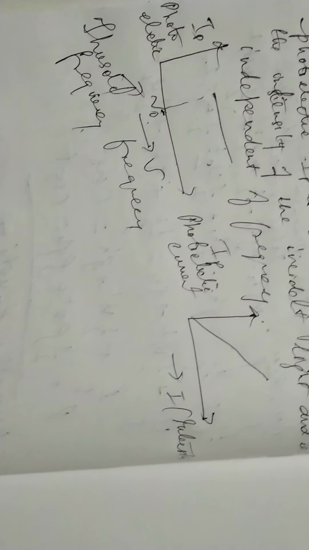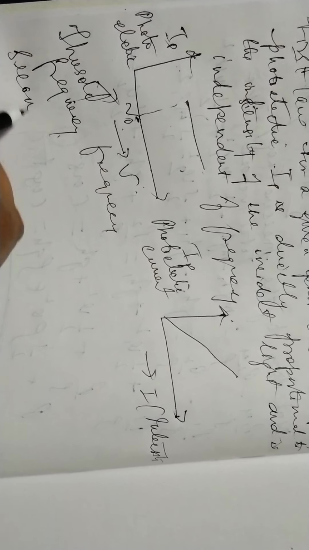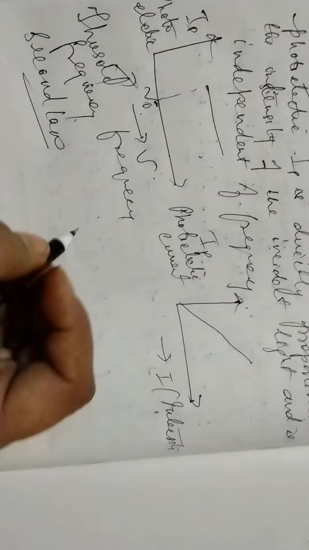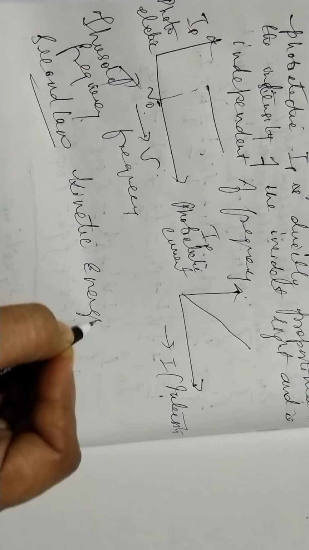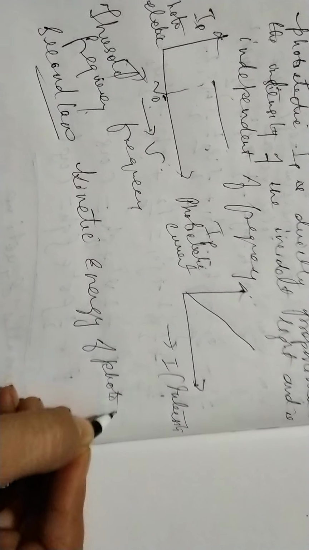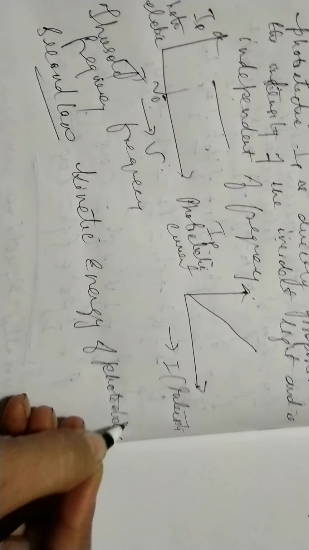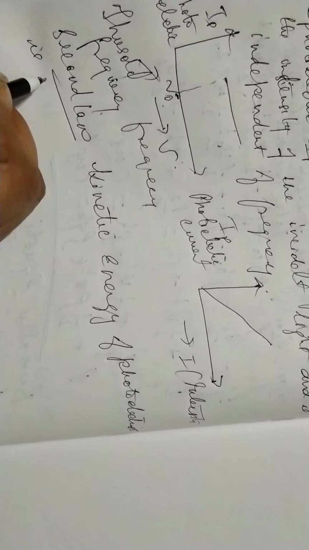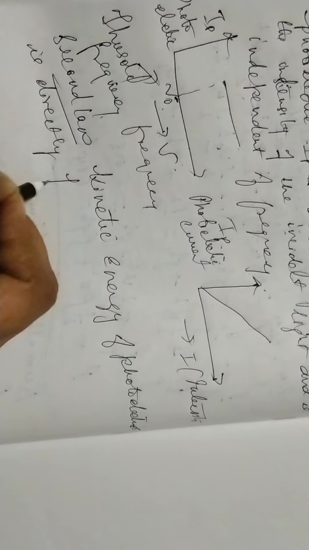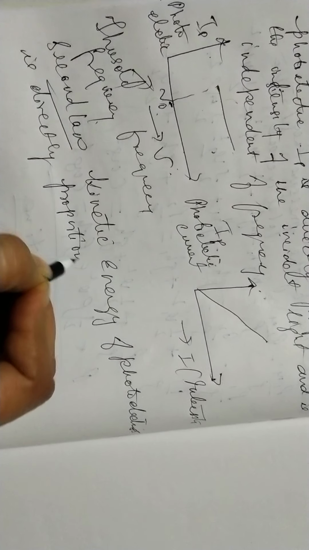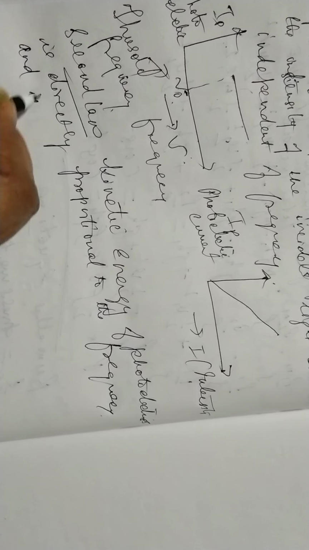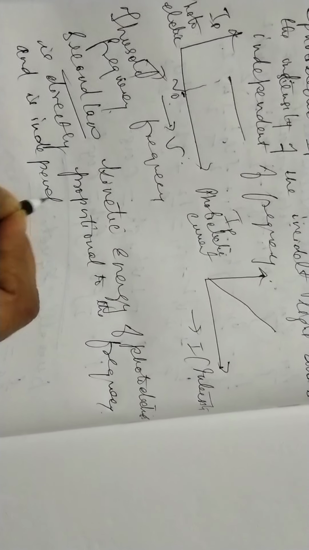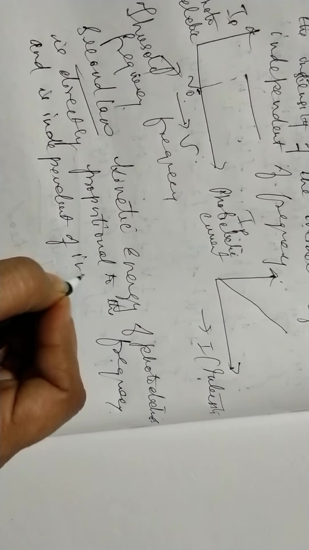Okay. The second law: the kinetic energy of photoelectrons is directly proportional to the frequency and is independent of the intensity of incident light.